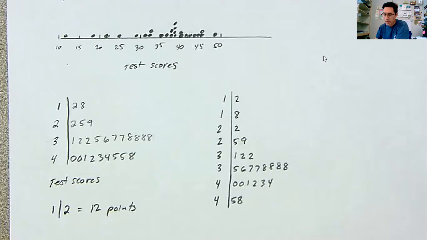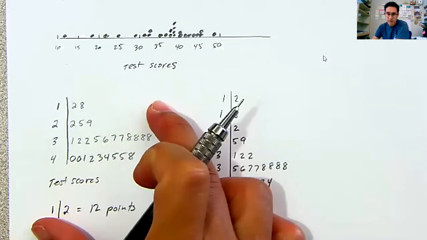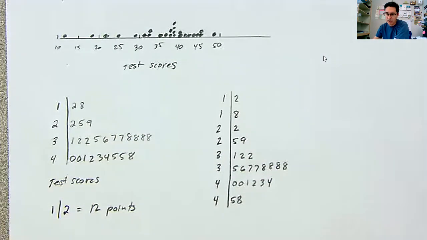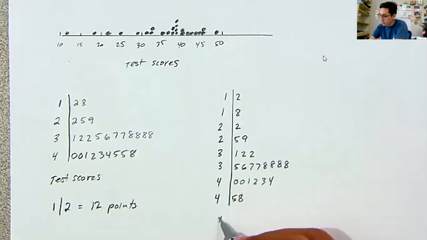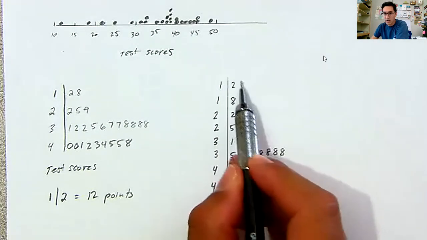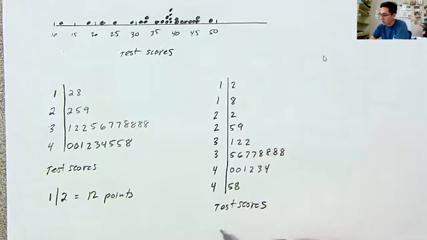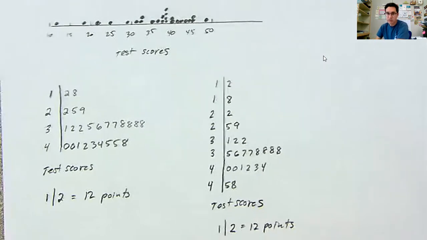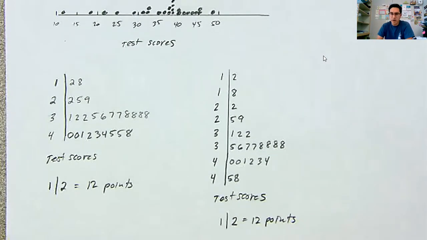Just like with the other stem and leaf plot, we need to include a title or a label, test scores, and then also a key. And I'll just use the first stem and leaf right here. So a 1 next to a 2 is 12 points.